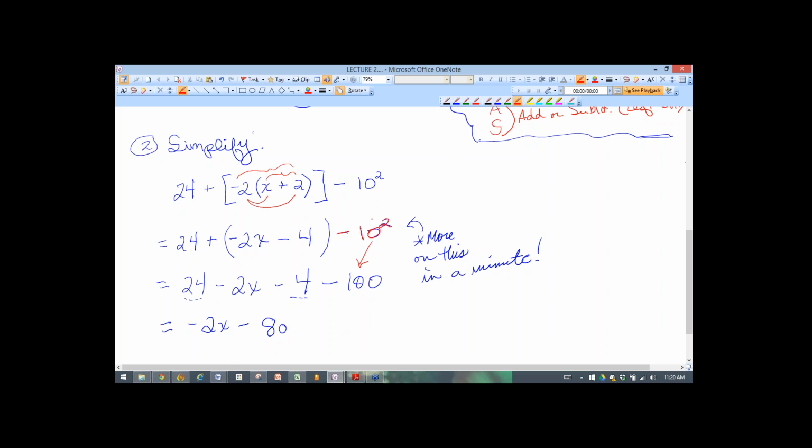I'm going to show you why with a short example here, okay? Let me get my sketch pad a little closer. So here we go. This is more on that.